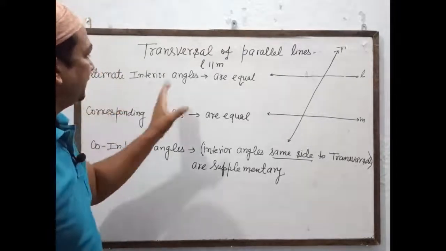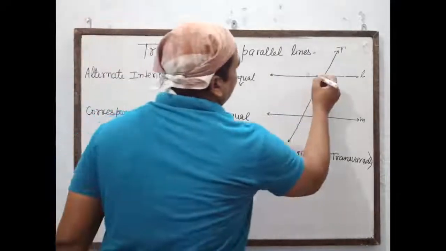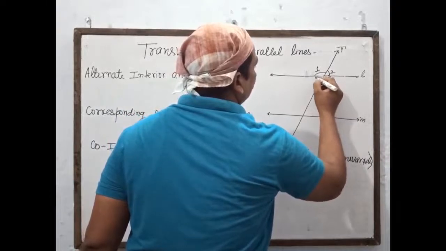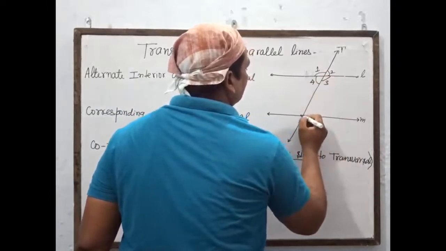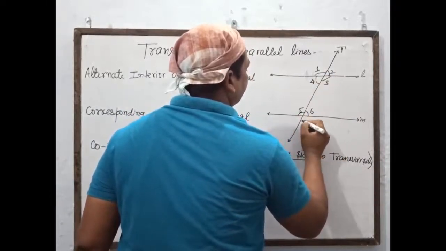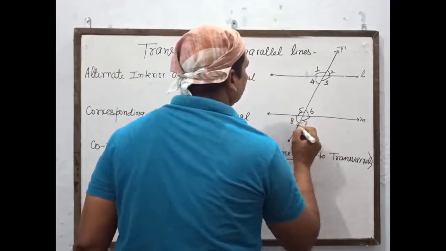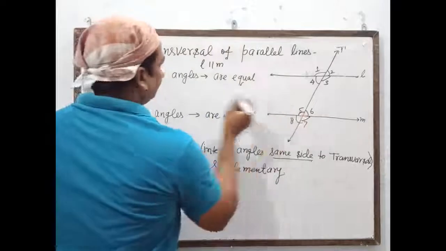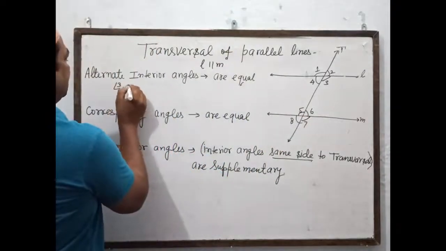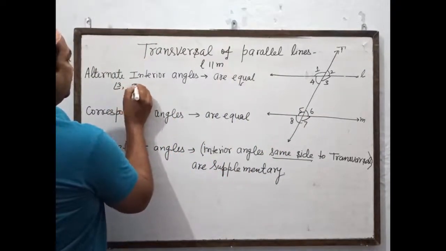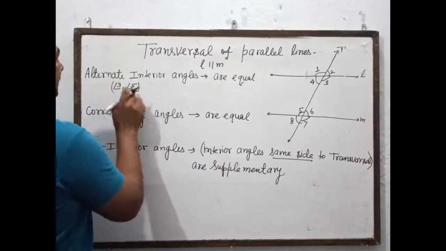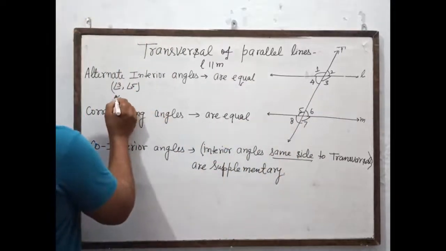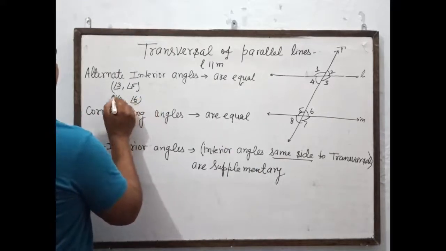Now we explain this by denoting the angles 1, 2, 3, 4, 5, 6, 7, 8. Alternate interior angles: angle 3 and angle 5 are a pair of alternate interior angles, and angle 4 and angle 6.